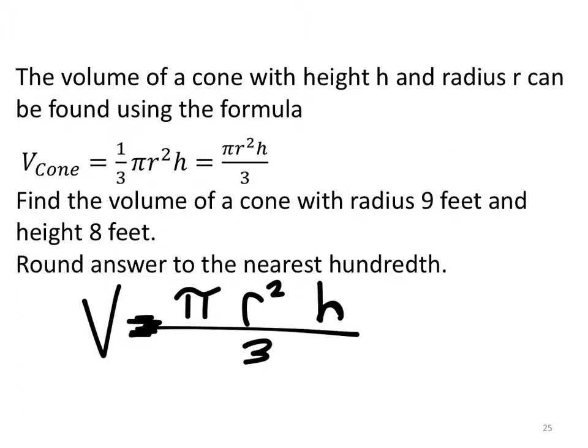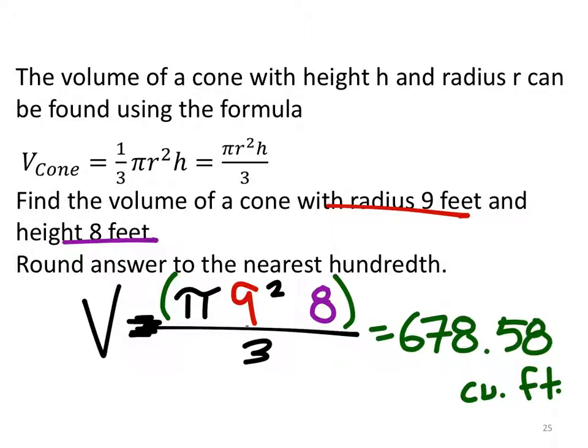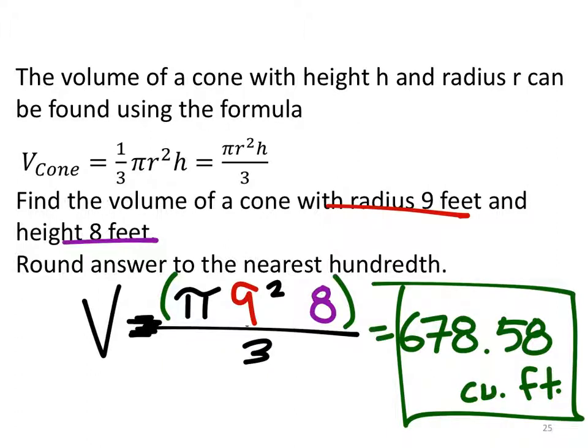The radius is 9 feet. And then the height here is 8 feet, so I'll replace the height with 8. Now again, I like this because I can punch it pretty directly into the calculator. Some of you with older calculators may have to use parentheses on the numerator, just so it knows to do that first. Let's see what we get. Yeah, that's in cubic feet, or you could write feet cubed, either way.